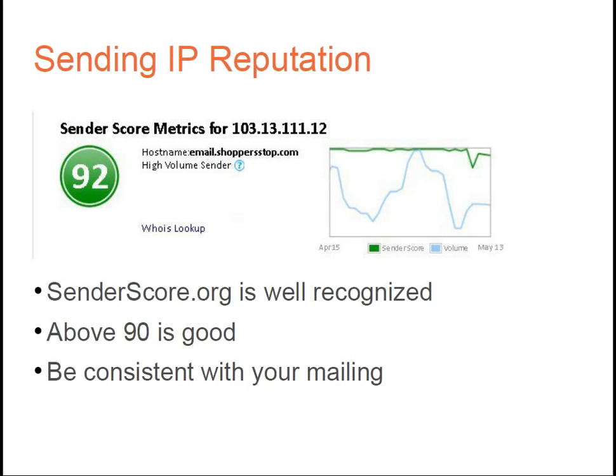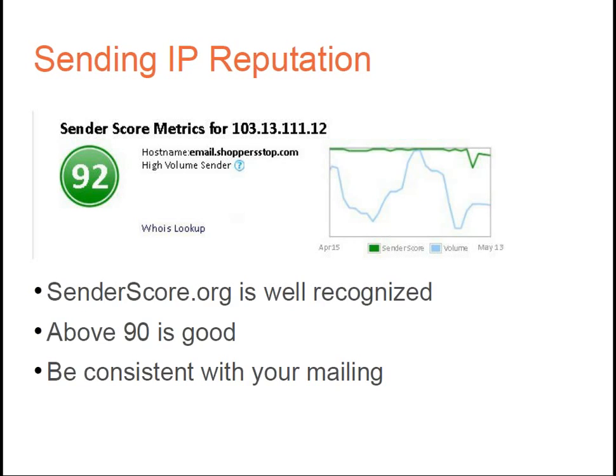Now, you should be checking your IP reputation. Every mail that you send out goes out with an IP. That's the sending IP. And if that IP has a good reputation, the chances of it landing in an inbox are good. How do you check that? The IP of a mail can be found out by looking at the header.